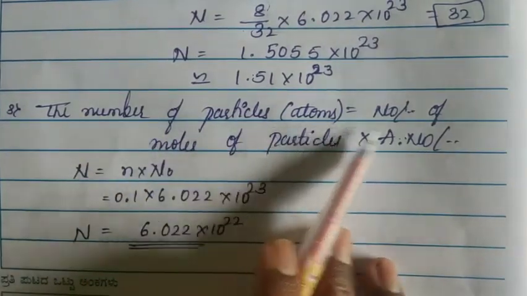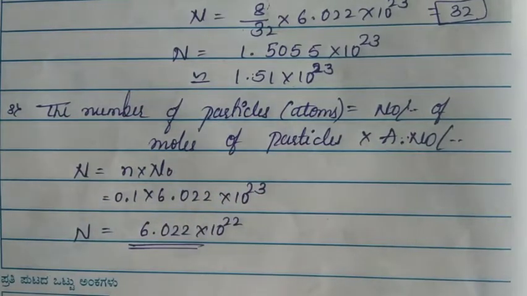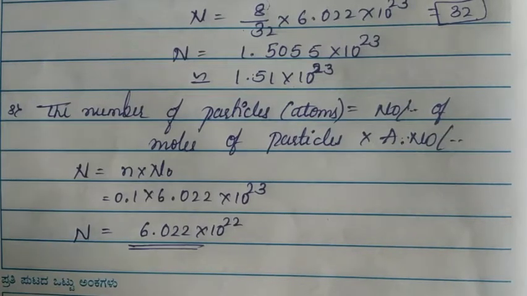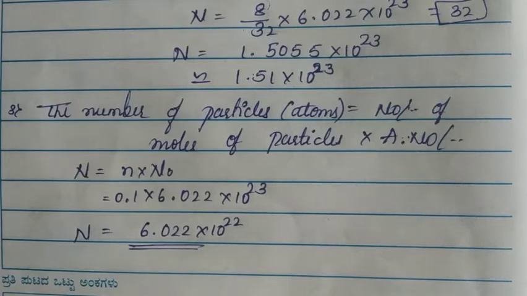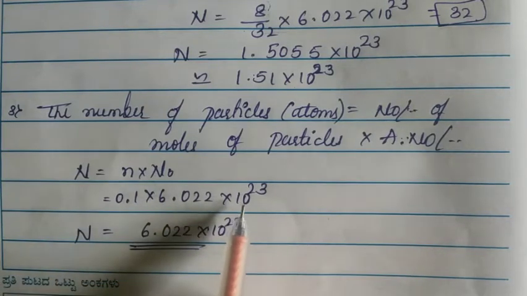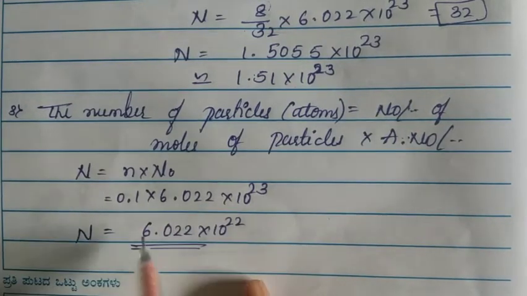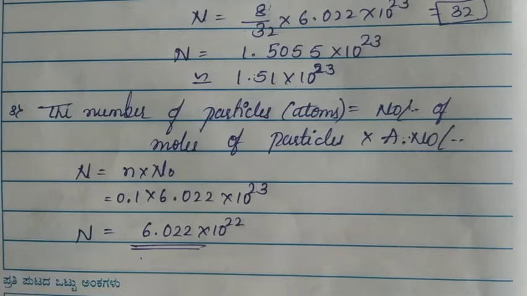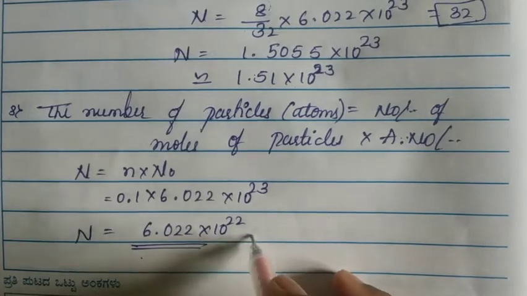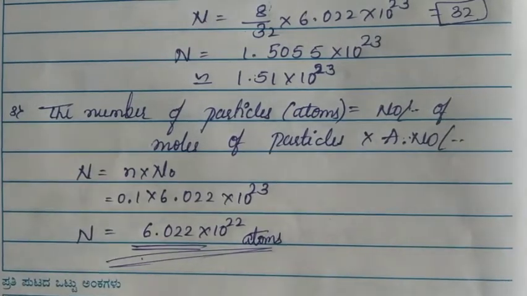Number of particles is equal to number of moles into Avogadro number. Here don't take the ratio. Here we take the given number of moles into Avogadro number. Clear, children? Yes. Now 0.1 into 6.022 into 10 to the power of 23, and both are multiplied together and we get 6.022 into 10 to the power of 22 atoms.